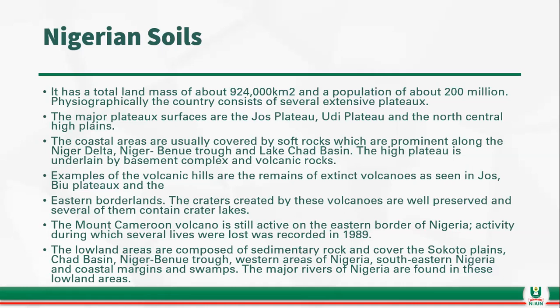The high plateau is underlain by basement complex and volcanic rocks. Examples of the volcanic hills are the remains of extinct volcanoes as seen in the Jos Plateau, as well as the eastern borderland. The craters created by these volcanoes are well preserved, and several of them contain crater lakes.